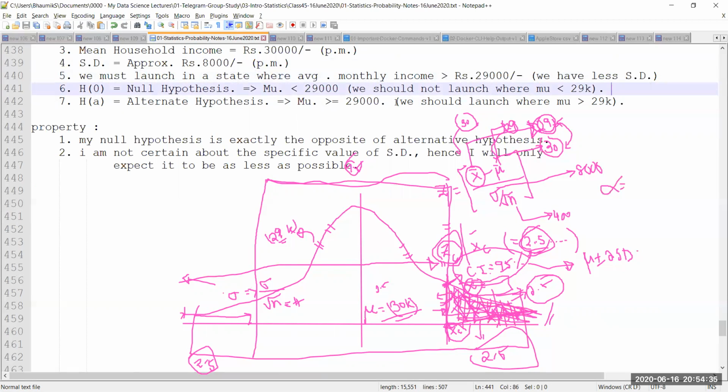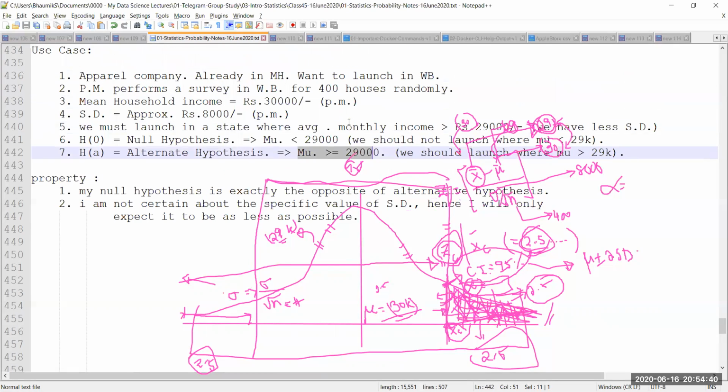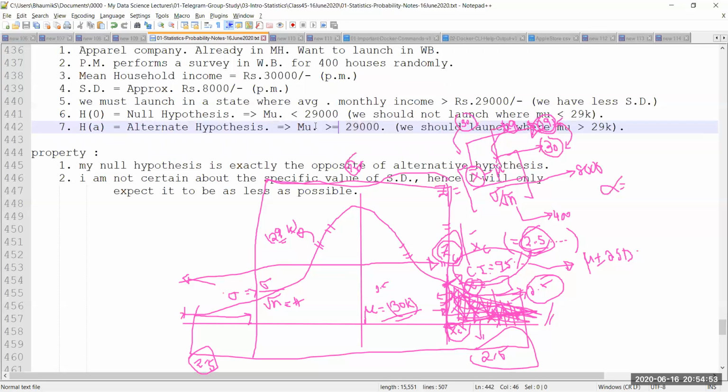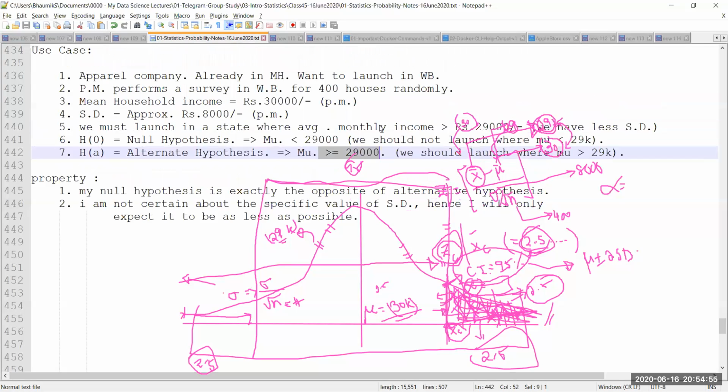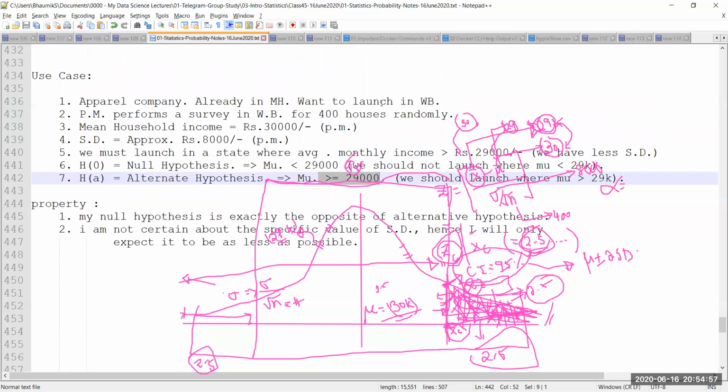That's right actually. Then we should make a launch. And we should make a launch in this case also. Why in this case is because in West Bengal, I've already seen, irrespective of how much is the standard deviation, I have a mean household income which is greater than or equal to 29,000, right? And hence, I'm going to make a launch in this case. So that is the inference that I am making, right?